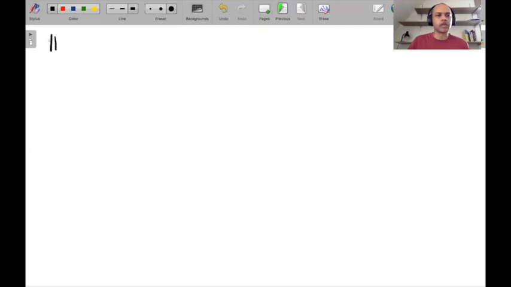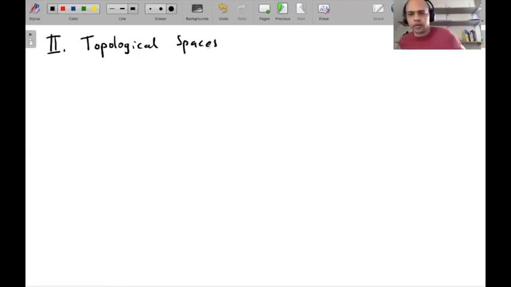Okay, so topological spaces. I haven't given you a definition of what a space is at this point. We've seen lots of examples, but we want a general definition which is going to apply to a broader class than just the examples we've seen already. So here's what we want.